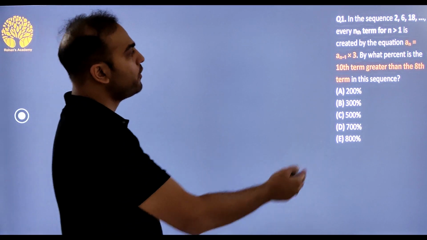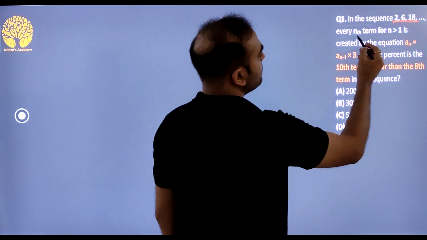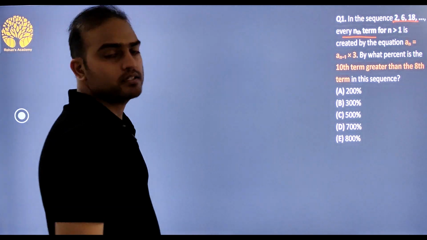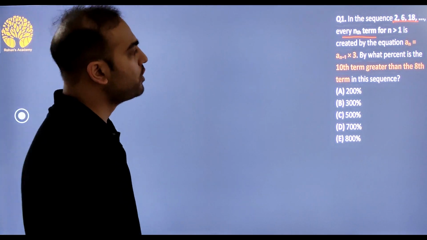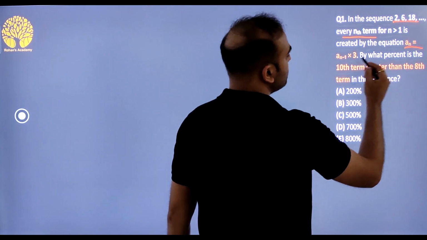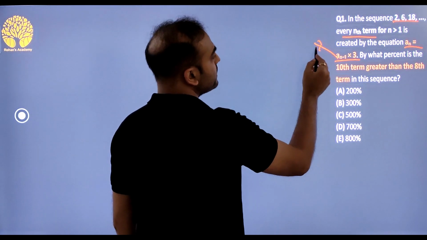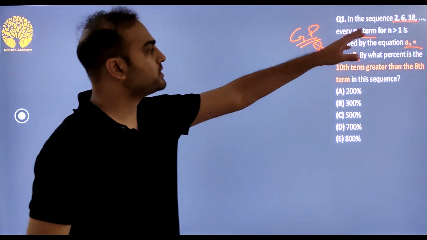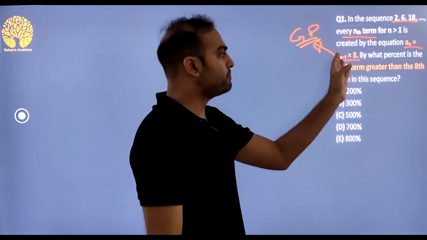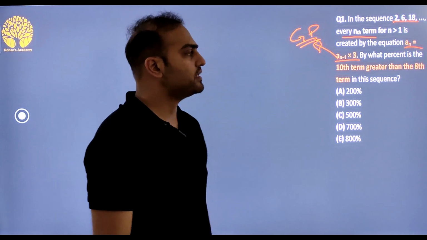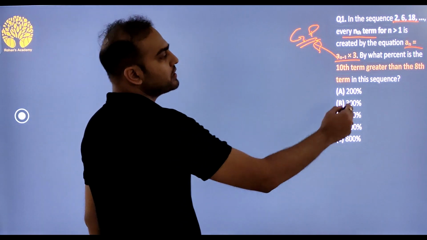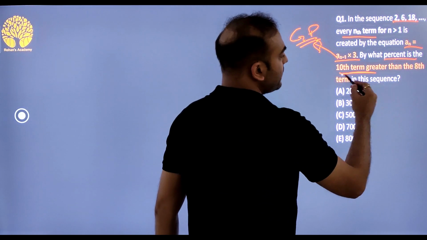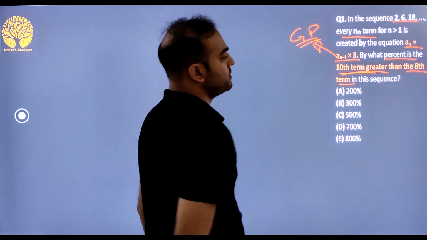Okay, it's the same series that we just did. That is, the sequence is 2, 6, 18, and so on. The nth term is given by the previous term into 3. This tells us that this is a GP, because each term is the previous term multiplied by 3. Now the question is, by what percent is the 10th term greater than the 8th term?